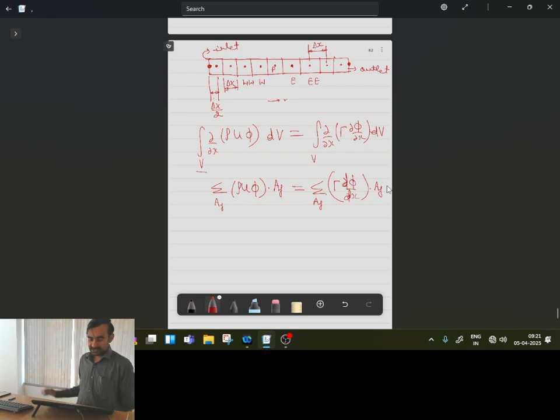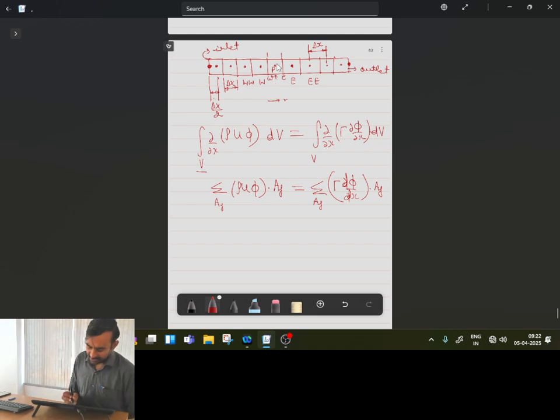Now, if I consider this present node P, then for this node P I will be having two control boundaries. One boundary is on the east side, which can be represented by small e, and one boundary will be on the west side, which can be represented by small w. Are all clear with this point?